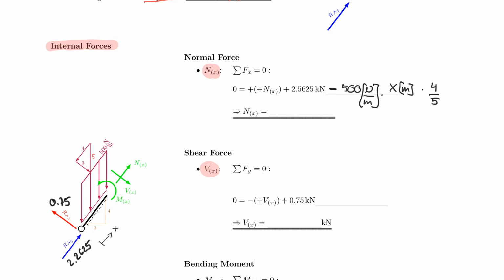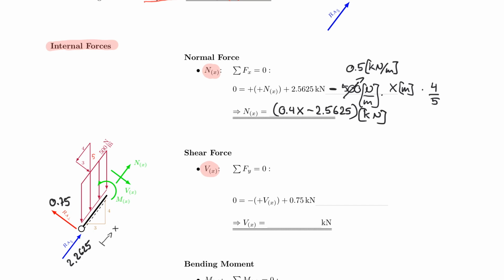If I solve this now, I would do better to turn this into kilonewton. So this here would be 0.5 kilonewton per meter. Now I can combine the units, and I will find that I end up with 0.4x minus 2.5625, and of course the whole thing is in kilonewton.